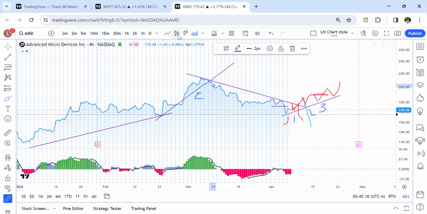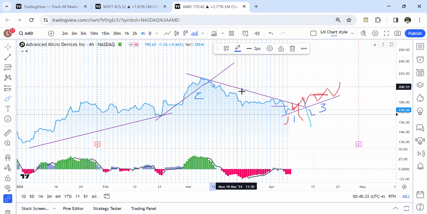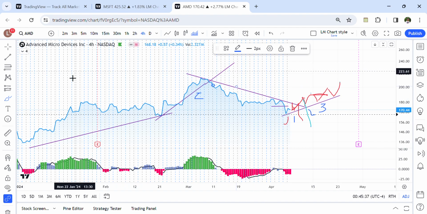Okay, and let me switch to candle format to find if we have a point number 3. Okay, so this one maybe did not touch the trend line, but you can consider this as point number 3, or even this as point number 3. So you may consider this one as your trade point 3, or you may consider this one.